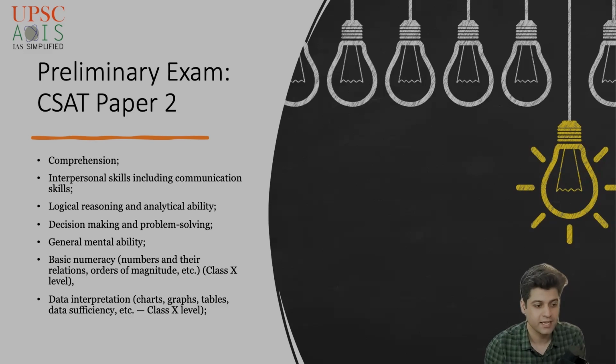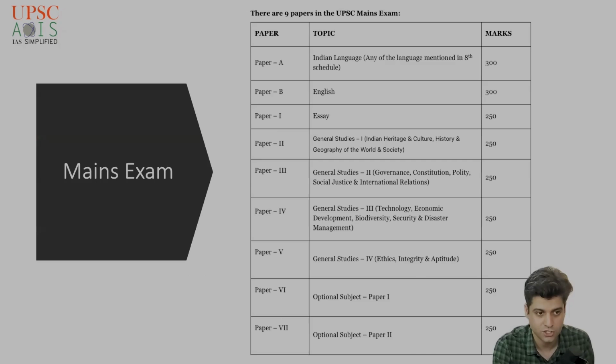If I classify, basic numeracy, meaning quantitative aptitude, is really increasing day by day. Comprehension is second, and third is data interpretation and logical reasoning. So this is the syllabus for CSAT Paper 2, which is qualifying in nature.